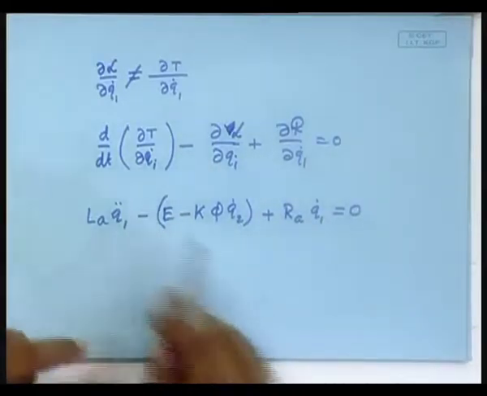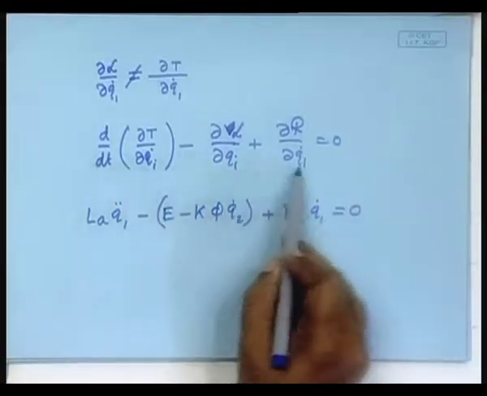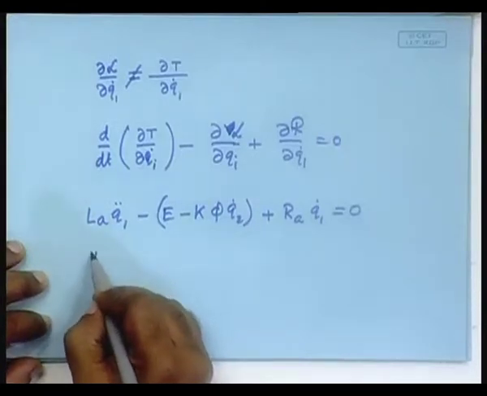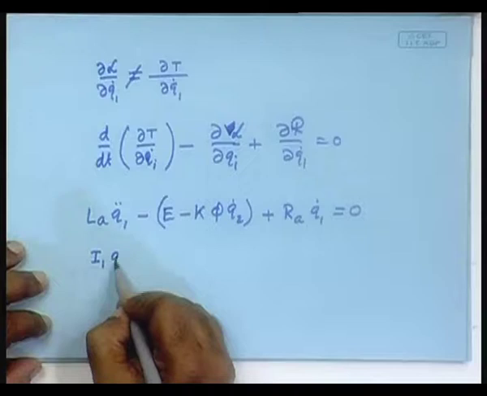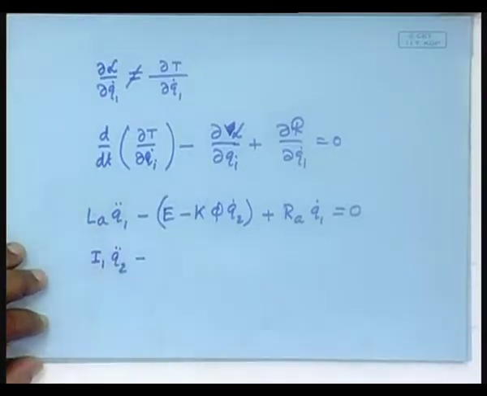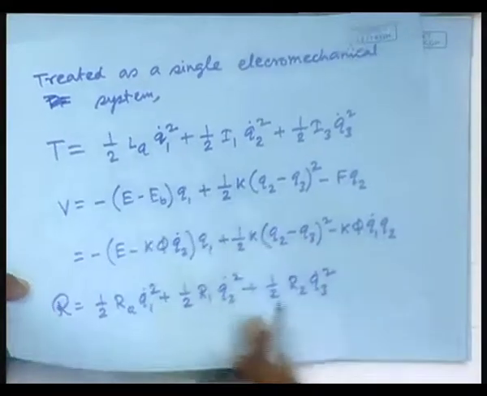Second equation, do the same thing where Q2 is here, Q2 is here, Q2 is here. You will have I1 Q2 double dot minus, in terms of Q2, what remains? Here it remains, here it remains.